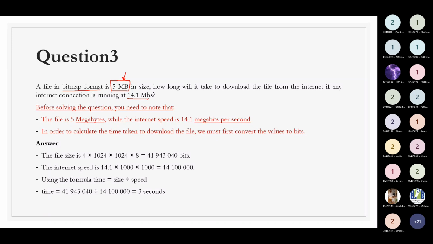In order to calculate the time taken to download, we must first convert the values to bits, to the same unit. So let's start with the file. The file size is 5 megabytes, so it will be equal to 5 multiplied by 2 power 10, 2 power 10, and 8 to have it in bits.